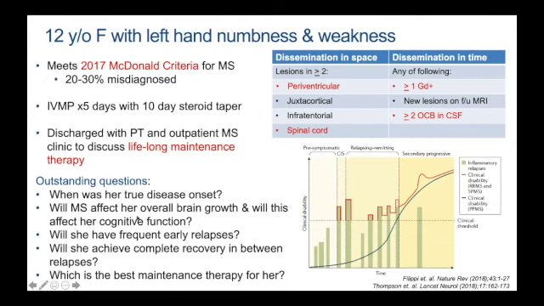There is evidence to suggest that pediatric patients with MS do have decreased brain growth compared to healthy peers. Will she have frequent early relapses? At this point, we have no way to prognosticate or predict the course that patients will have. And will she achieve complete recovery in between relapses? And importantly, what is the best maintenance therapy for her?